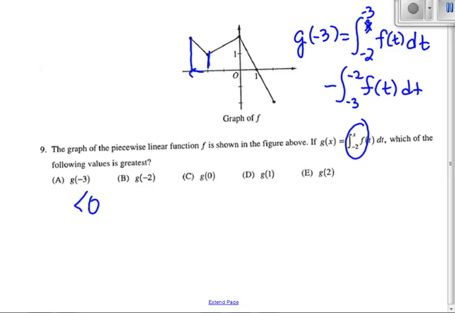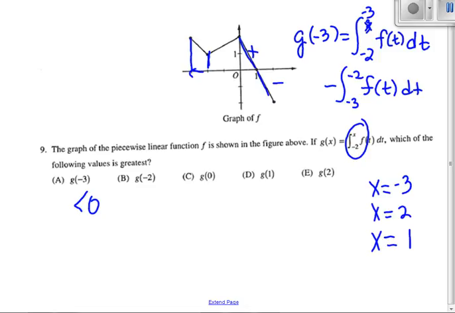Where's the other critical point, Sarah? Endpoints, which is x is equal to -3, x is equal to 2, and where's the other critical point? 1. Okay, Sarah, Carolyn? Not 0. And because my derivative is positive, and then it becomes negative, Adam, is that a max or min?